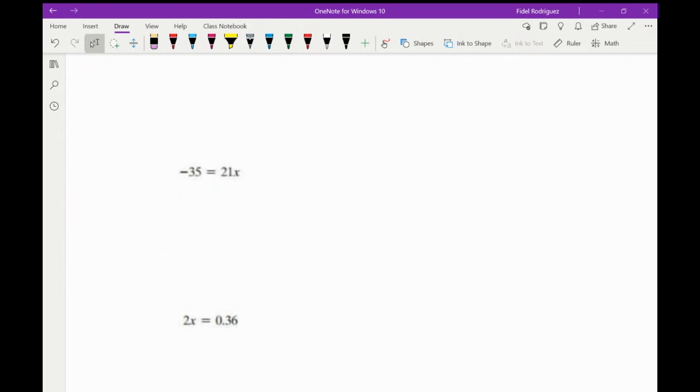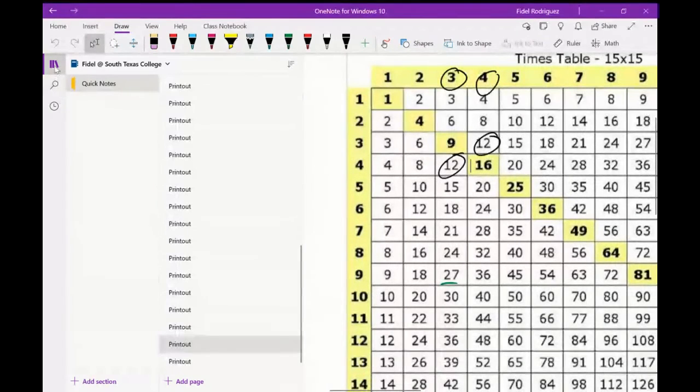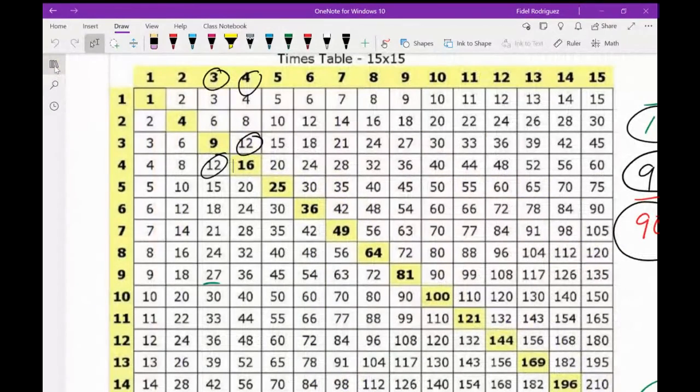So for this next one here, it says negative 35 equals 21x. So we're going to do the same thing we did before. We're going to divide both sides by 21. I know that this 21 and this 21 will cancel out. But if I were to take my calculator, 21 and 35 don't divide out nice and pretty. But I can reduce this fraction, okay? Here's my multiplication table.